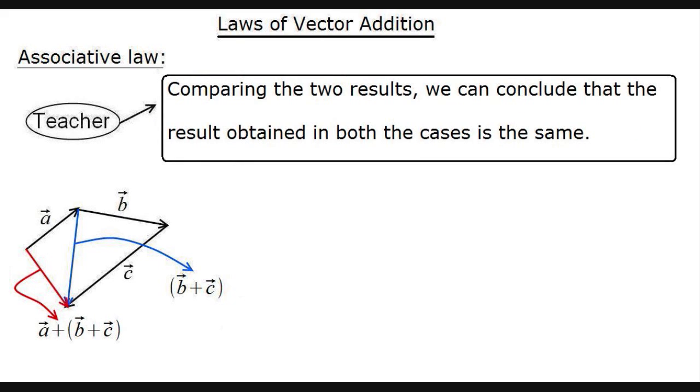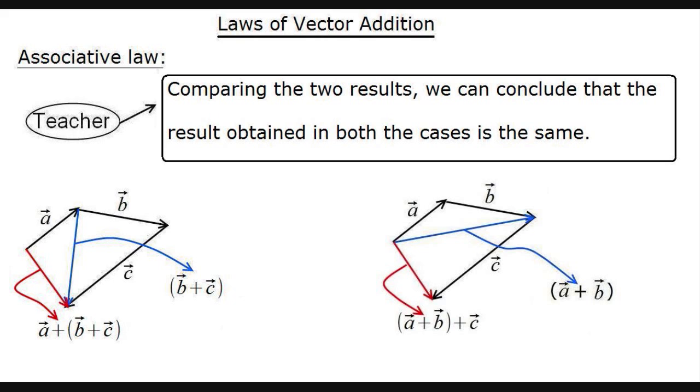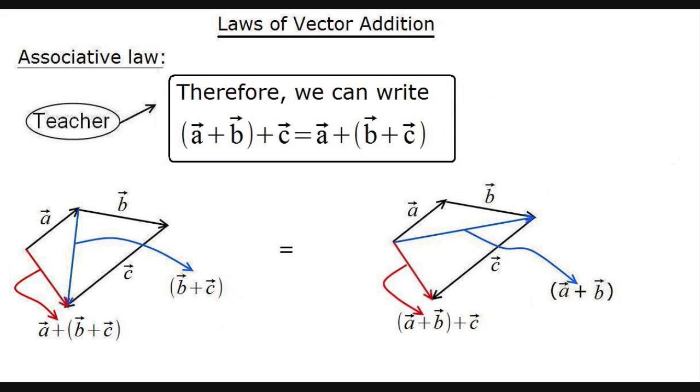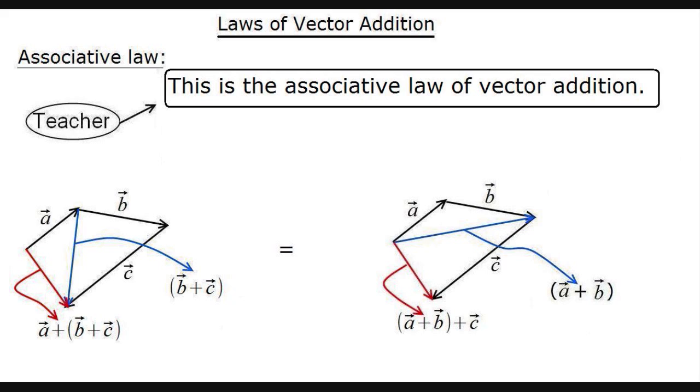Comparing the two results, we can conclude that the result obtained in both the cases is the same. Therefore we can write a bar plus b bar plus c bar equals a bar plus b bar plus c bar, with the grouping changed. This is the associative law of vector addition.